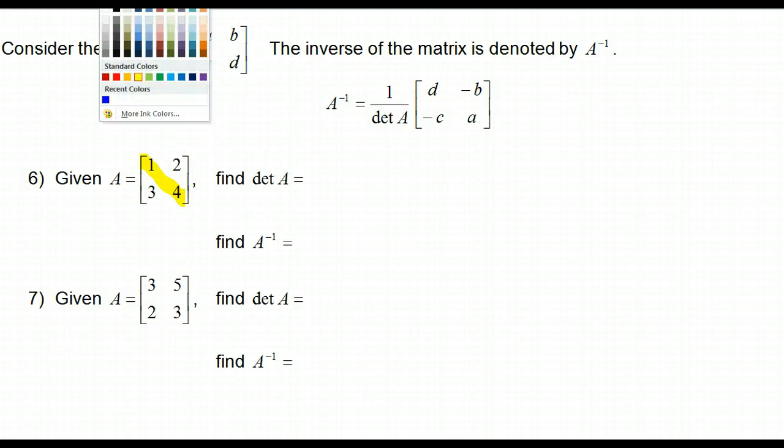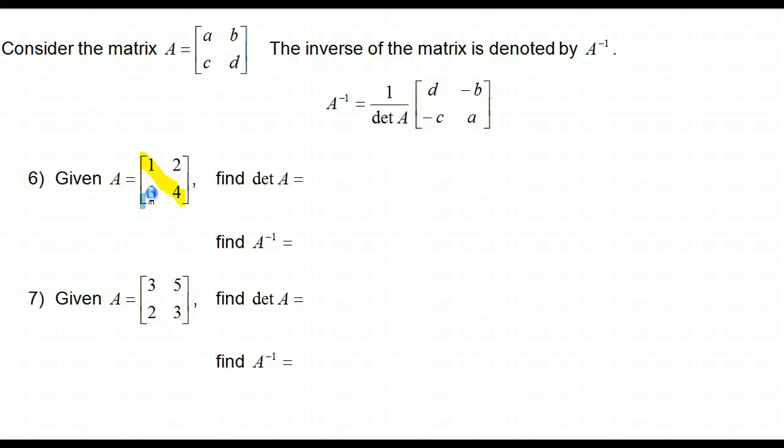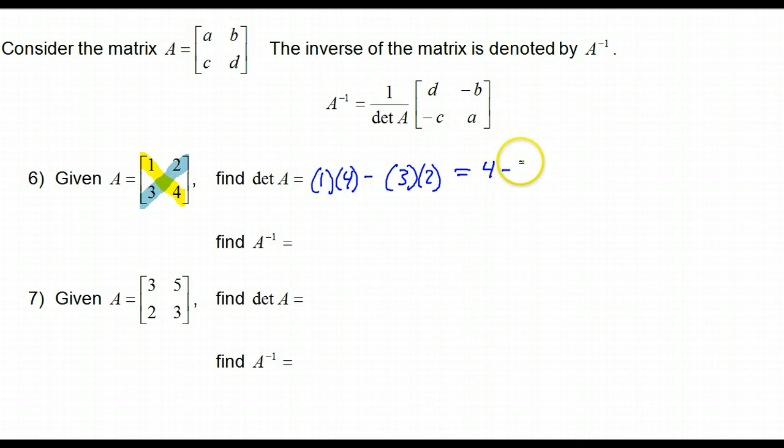So down diagonal minus the up diagonal, and that's going to be like this. So it's like 1 times 4 minus 3 times 2. So that's going to be 4 minus 6. So that is -2. So this is the determinant right here.